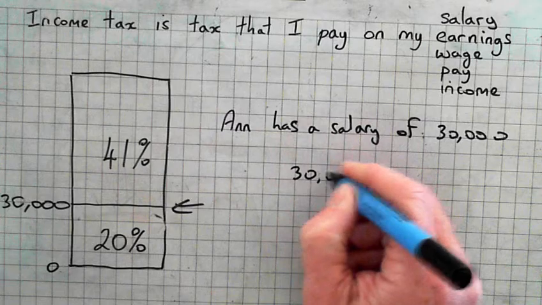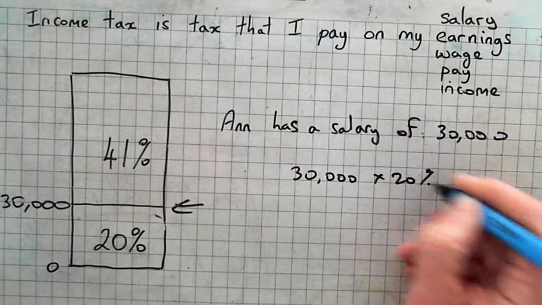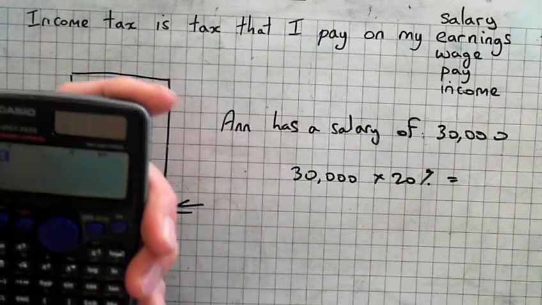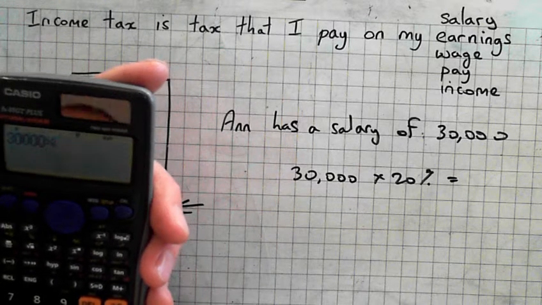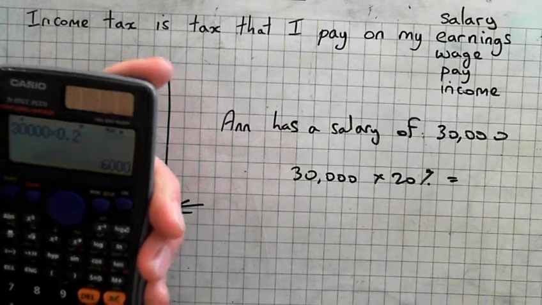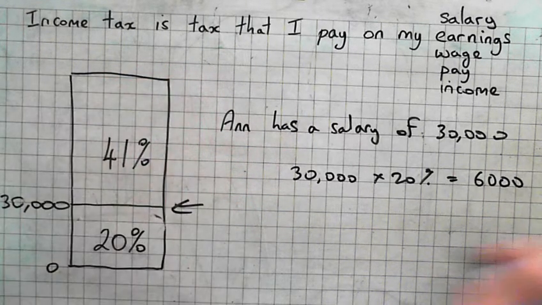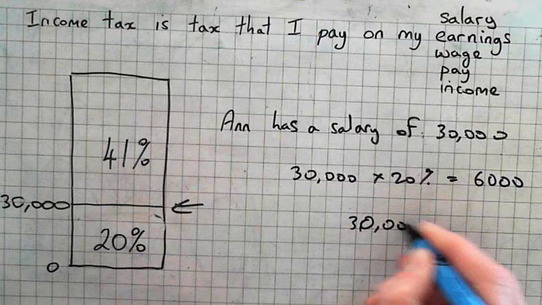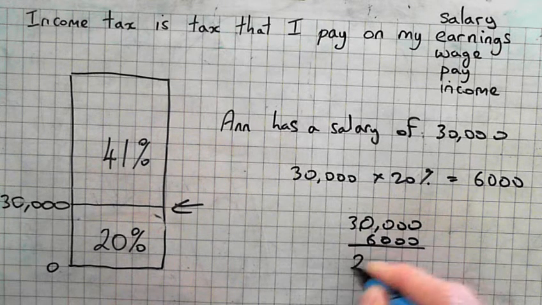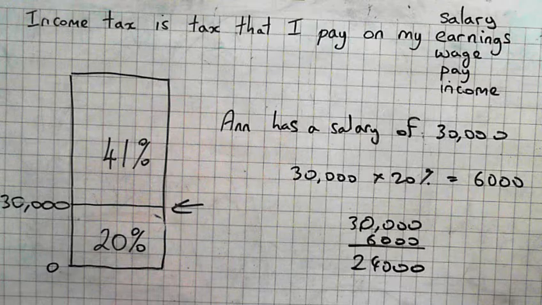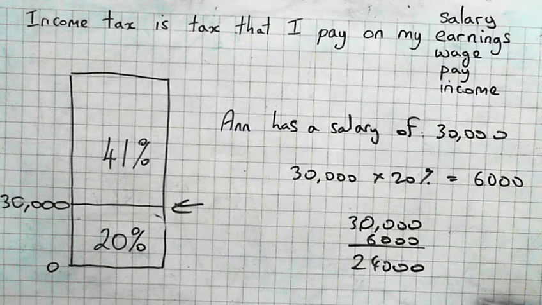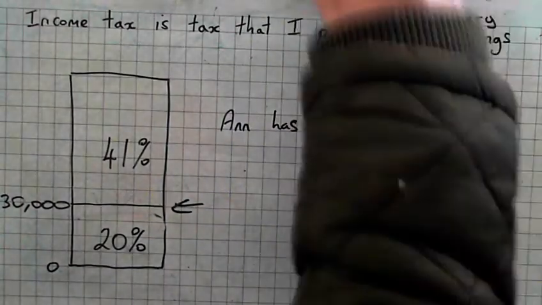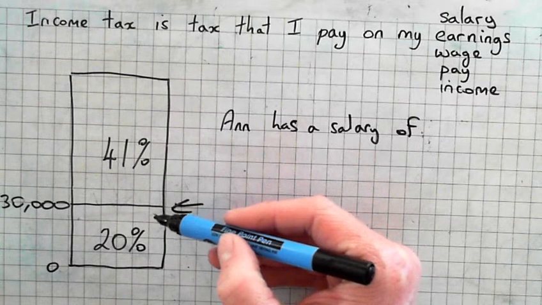So I just go 30,000 times 20%. 20% is 0.2, so it's 6,000, and I take away 6,000. She takes home 24,000 for the year. So you divide that by 52 and you find out how much she gets each week. Okay? Is that right?